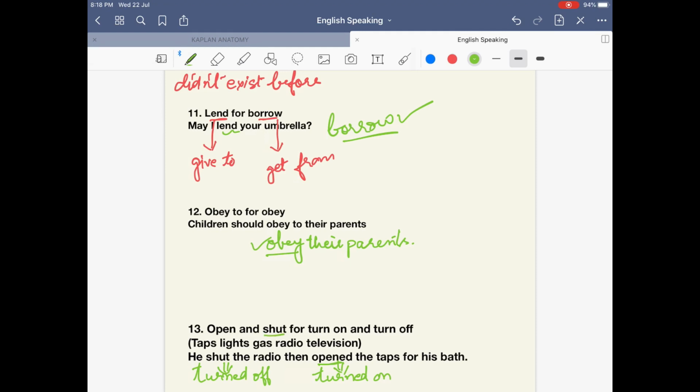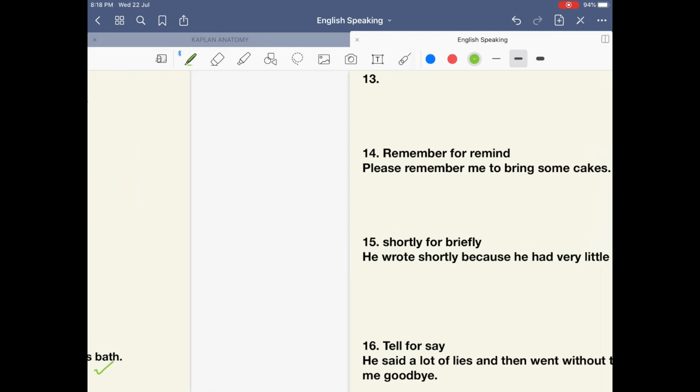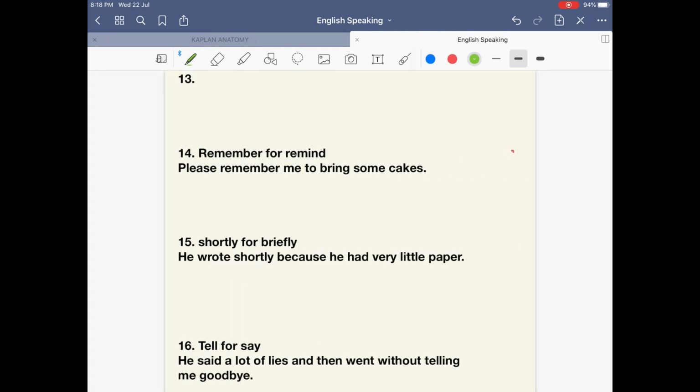Instead of shutting and opening, we have to say turning on and turning off. So, you have got that instead of shut, we have to use turn off, and instead of open, we have to use turn on. This is the right usage.